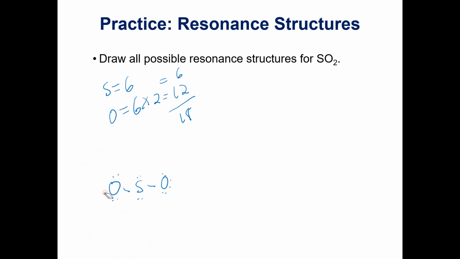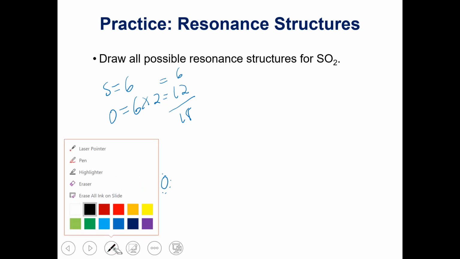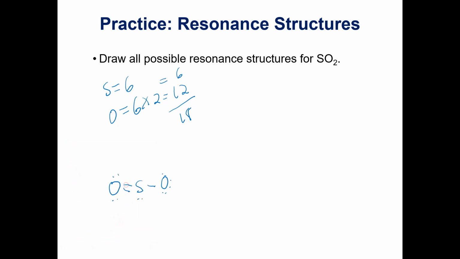So I'm going to take 2 away from one of the oxygens and 2 away from the sulfur. And then I'm going to make a double bond between the oxygen and the sulfur. So now if I count this up, 2, 4, 6, 8, 10, 12, 14, 16, 18, which is how many electrons I was supposed to have.